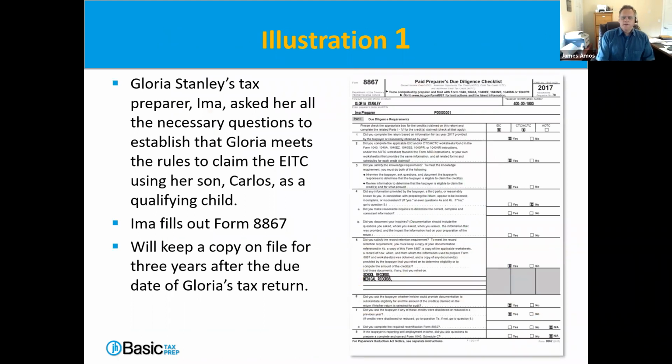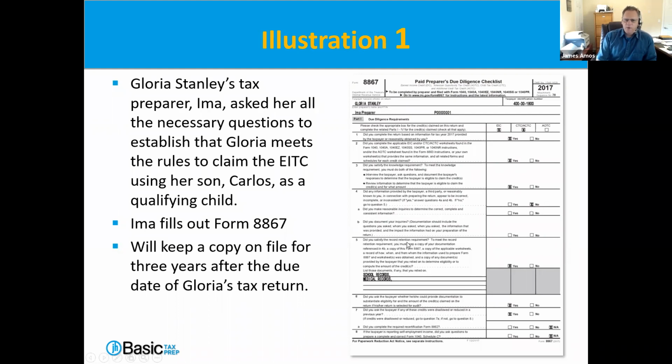So here's Form 8867, a paid preparer's due diligence checklist that's filled out. You can see that in this example, they're claiming earned income credit and child tax credit. There's some general questions, and notice they answered yes to the ones that needed to be answered. This number 4 answered no, but that's because it says, does anything here appear to be incorrect or incomplete or inconsistent? No, it looked right.